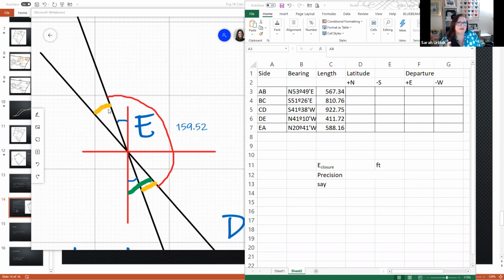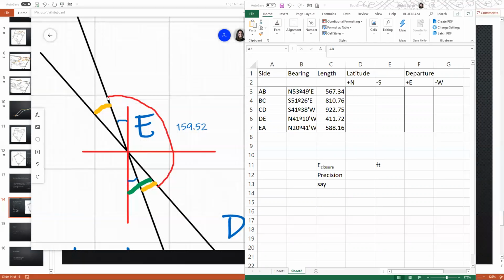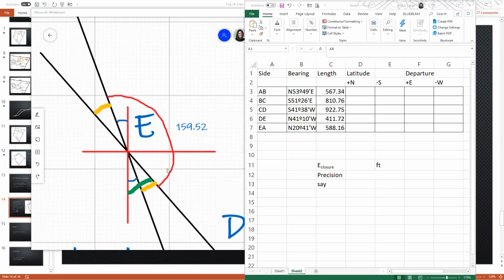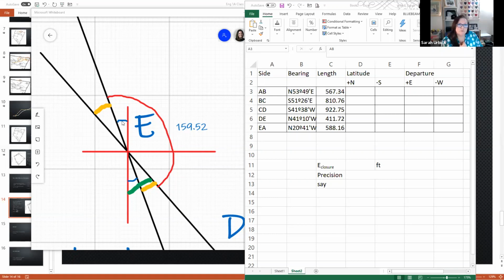You got carried away adding. So if you take 159.52, our red angle plus the green angle, that is also equal to the blue angle plus 180. So now you can solve for the blue angle because we know the green, we know the red, and that'll give us the blue.